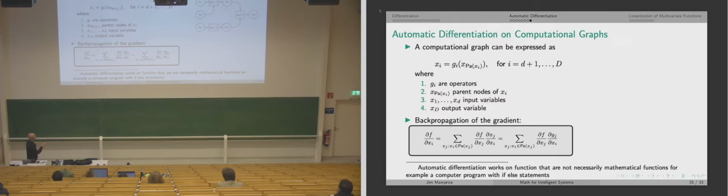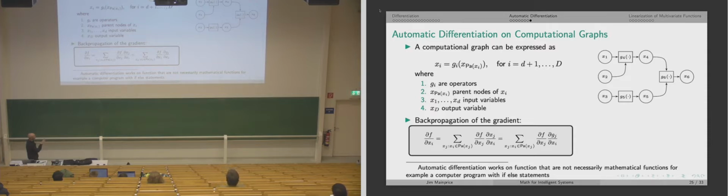So then you can replace this xj for the actual operators that are in the computation graph. This is just a systematic way of writing it down.